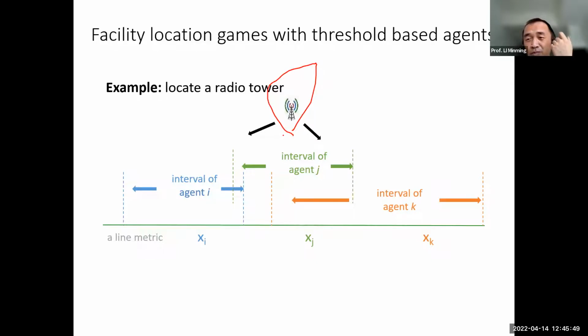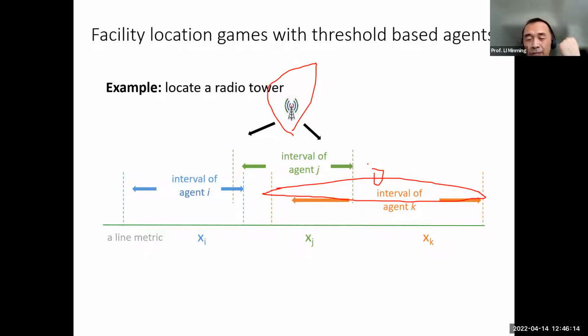Maybe some mobile phone is very powerful. It can receive signal from 2 kilometers away. So for this orange one, the person holding this mobile phone says, as long as your base station is within 2 kilometers, I'm satisfied, because I can receive signal without any problem.